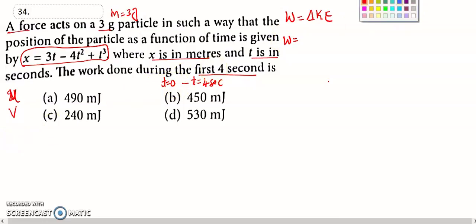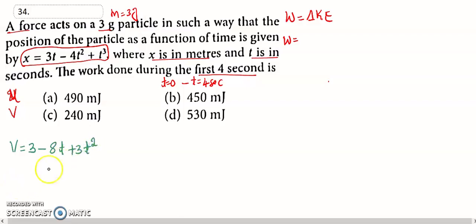So how to find the velocity: v is equal to the differentiation of this, so 3 minus 8t plus 3t square. Initial velocity is equal to 3 meter per second.